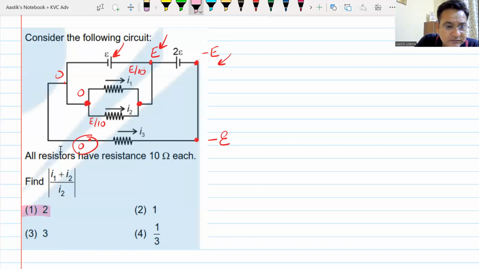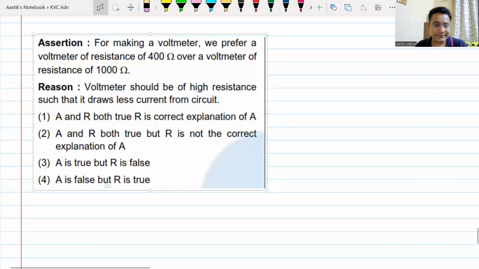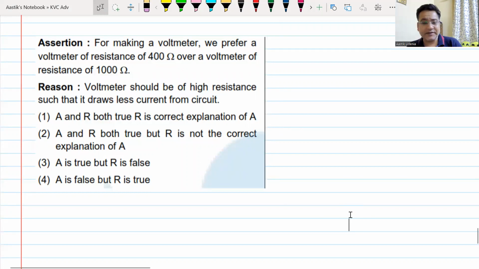Then again a question. This is a straightforward one, and I would want you to give me the answer. That is why I've told you every possible theory behind everything that we have discussed. For making a voltmeter, we prefer a voltmeter of resistance 100 ohms over a voltmeter of resistance 1000 ohms.